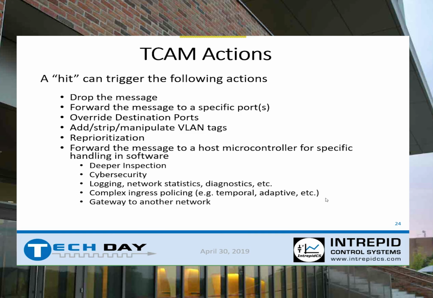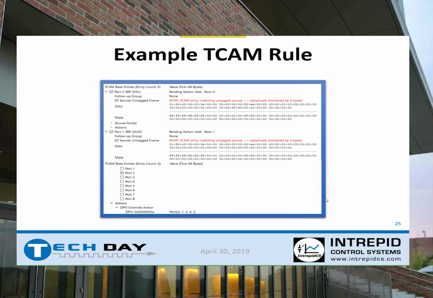And this is very simple to configure. This is the GUI from the Marvell. But you'll see up here, it's literally you define the data and then the mask. In this case, I'm looking for a specific ether type, 22EA, which is the stream reservation protocol, and then the multicast address associated with it.